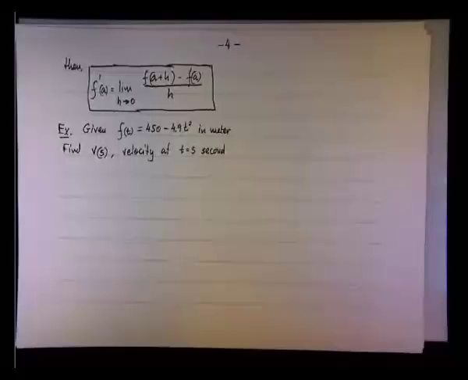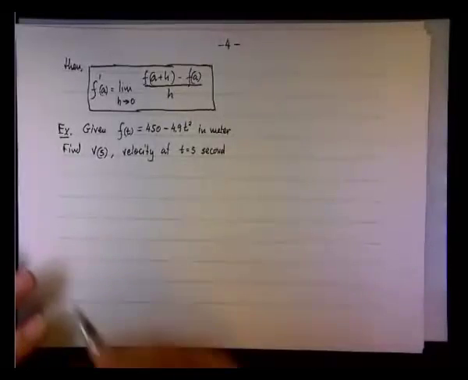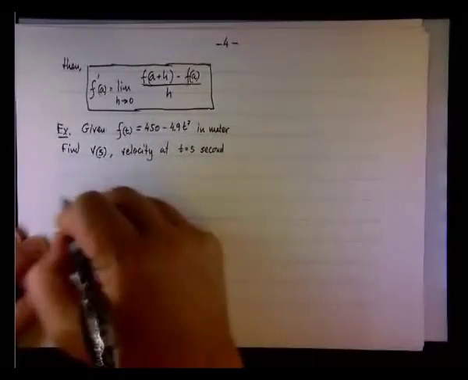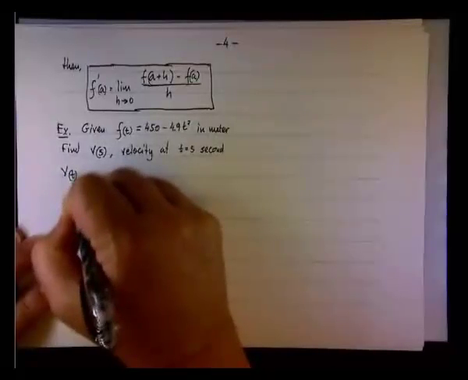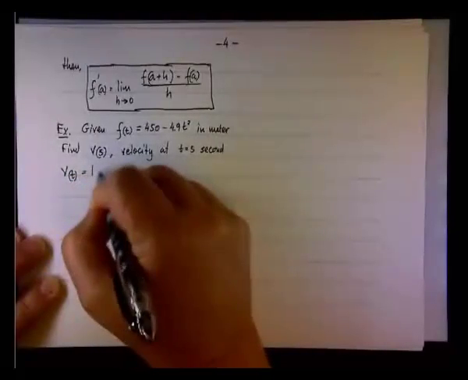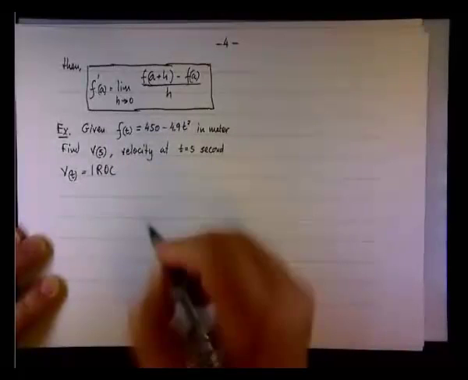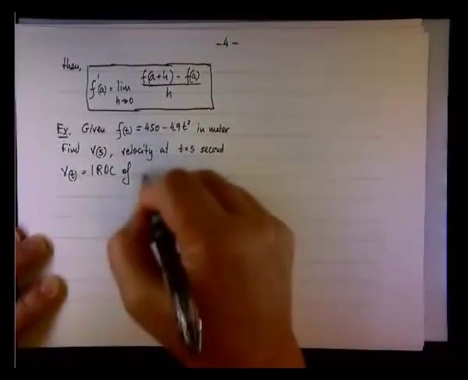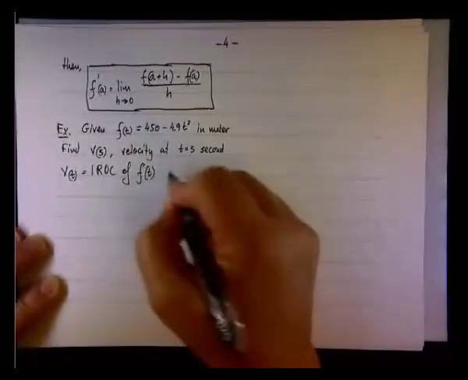So now we know that the velocity is the rate of change, right? But the average velocity is the average rate of change. The velocity is the instantaneous rate of change. So here we're going to use the following. We're going to say that v of t equals the instantaneous rate of change, or the IROC, of the position function f of t.